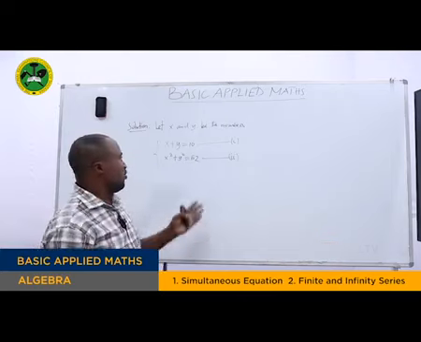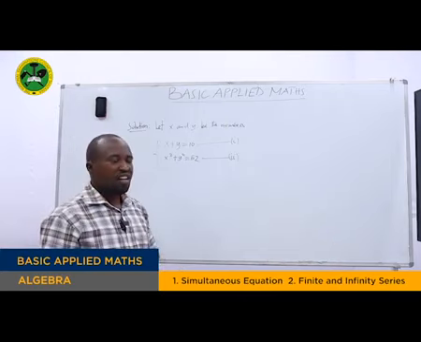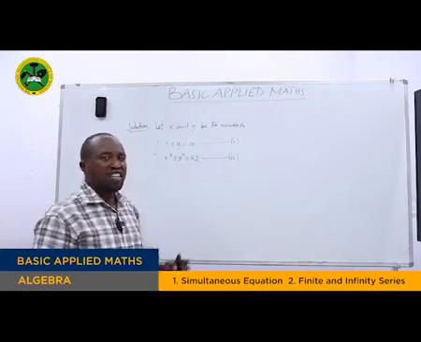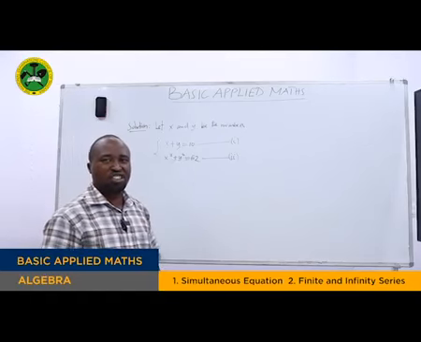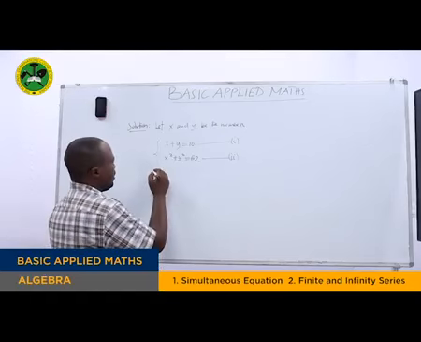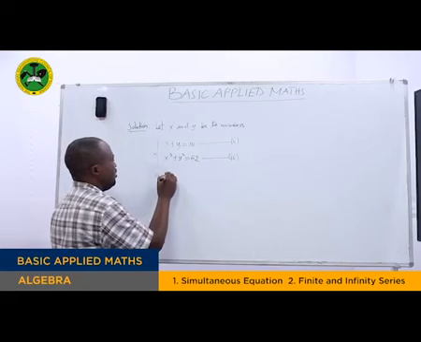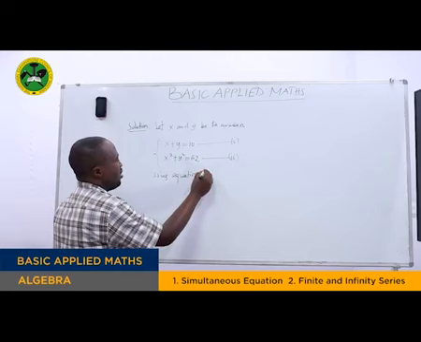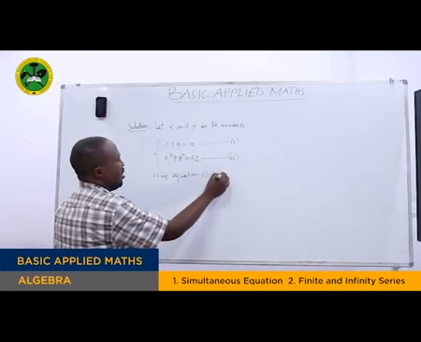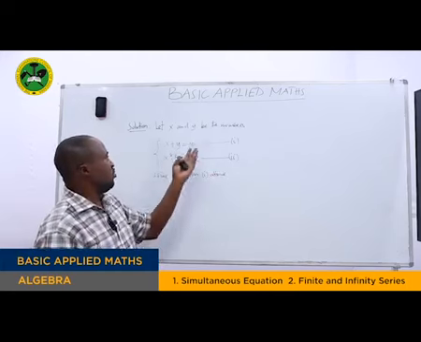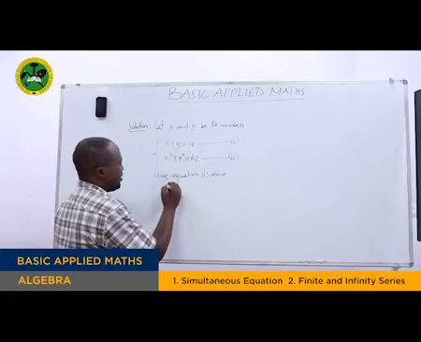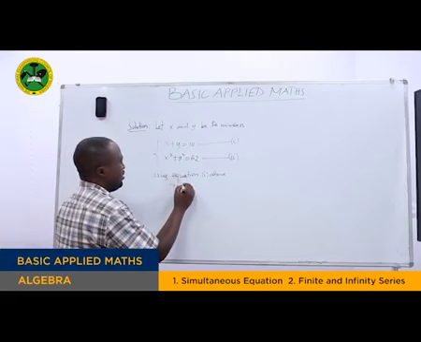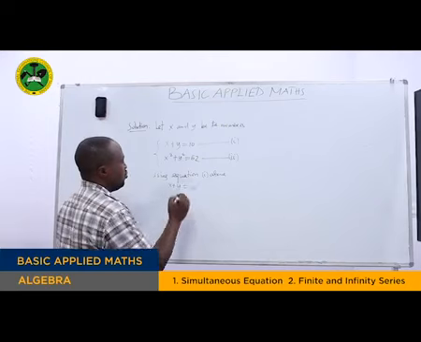Now, my dear student, we have two equations. Let us see how we are going to solve such a simultaneous equation. Using equation 1 above, x plus y is equal to 10.